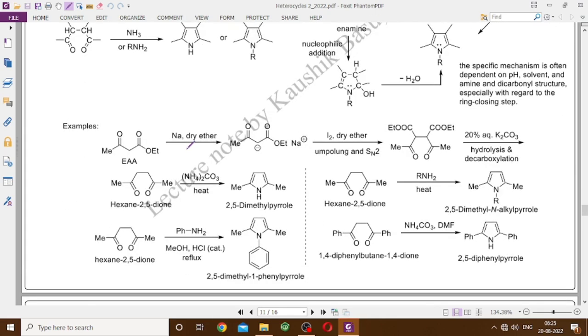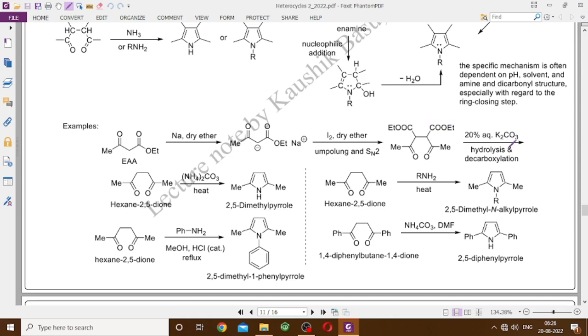So in these examples, we have ethyl acetate, we are making an anion from it, and with two equivalents of such molecules, if I add one equivalent iodine, one of them will experience coupling, the other will make a nucleophilic attack, will form the crucial 1,4 dicarbonyl compound, from which the hexane 2,5 dione can be liberated by knocking out these two carboxy groups.